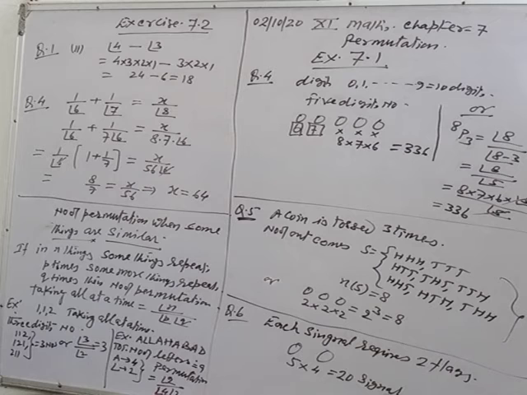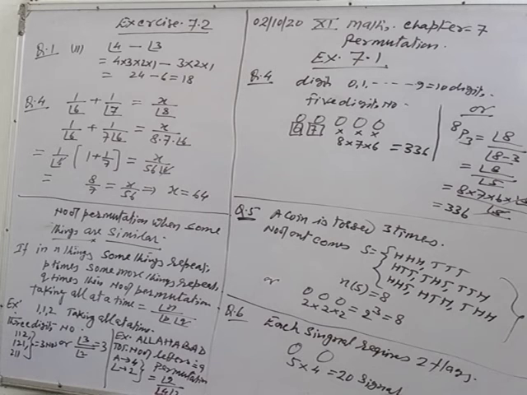Only 3 types of numbers you can form. By formula you can write, for 3 digits, factorial 3 divided by the repeated digit. So 1 repeats 2 times, so here you will divide by factorial 2. After solving you will get 3.